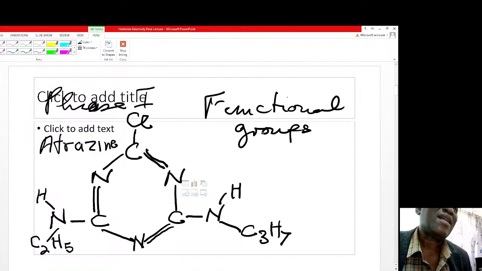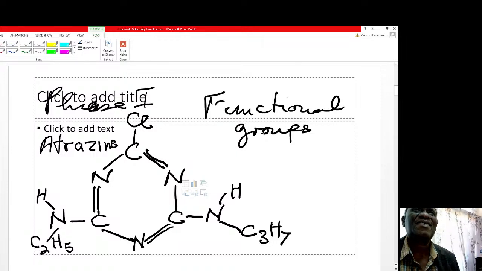In phase 1, we used to talk about the cytochrome P450, which acts upon the functional groups.